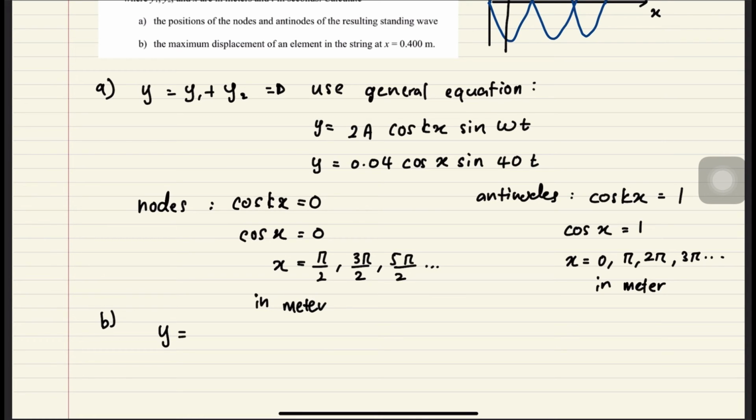Since they did give you x, you have to use the x equation, which is 0.04 cos x. If they give you time, then you can substitute the time using 0.04 sine 40t. But they give you x, so you use this one. If they give you position x, you use that one.